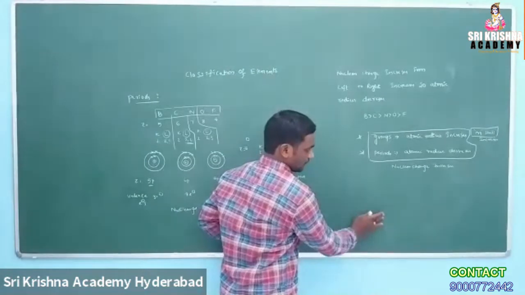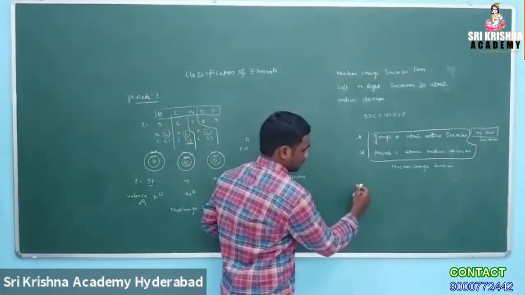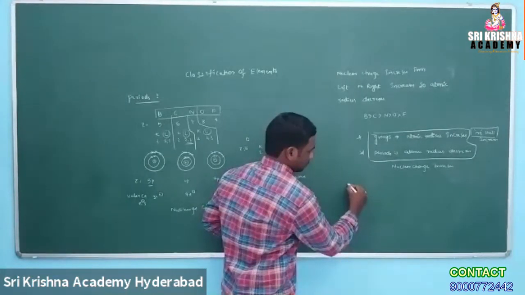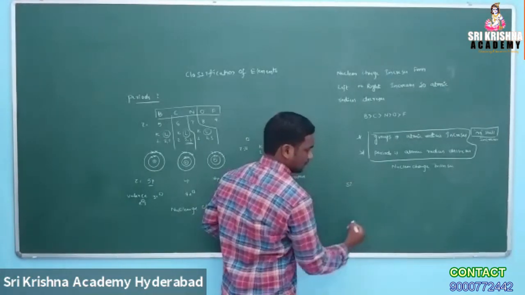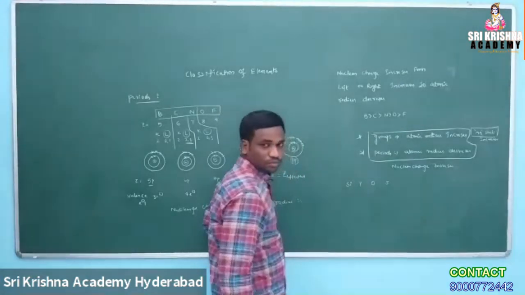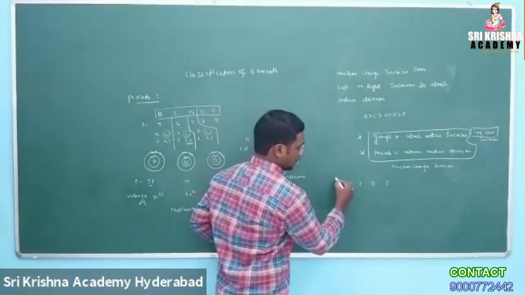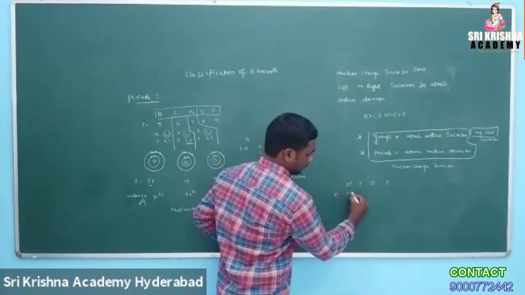Suppose different elements are there here: silicon, phosphorus, sulfur, chlorine. Silicon atomic number Z equal to 14.